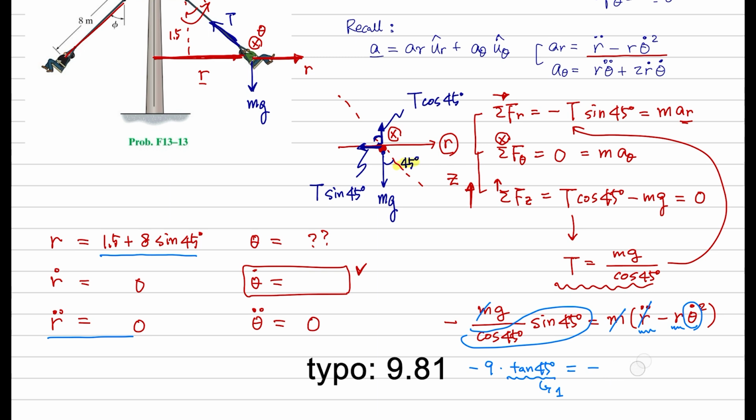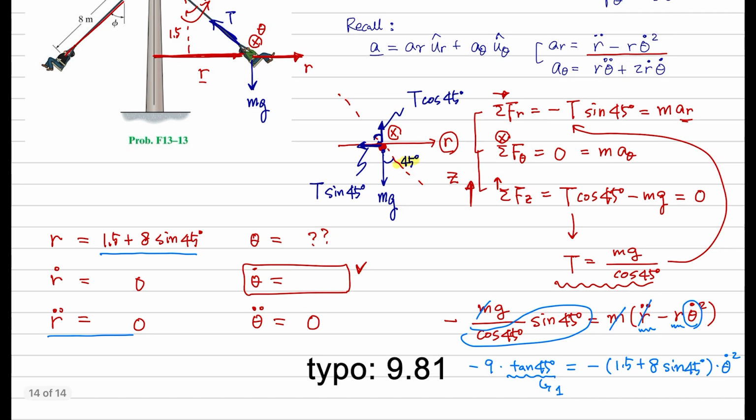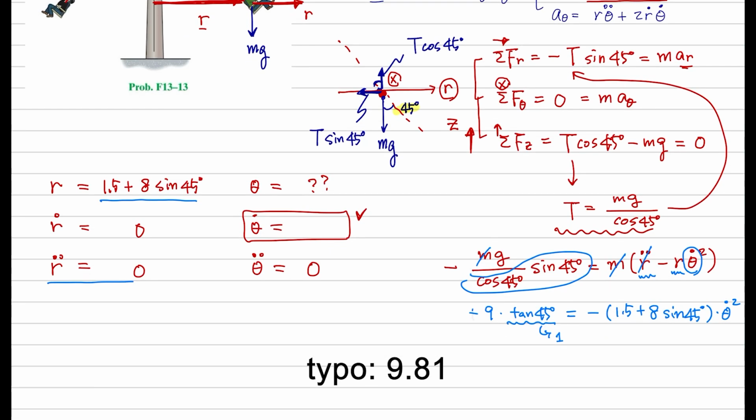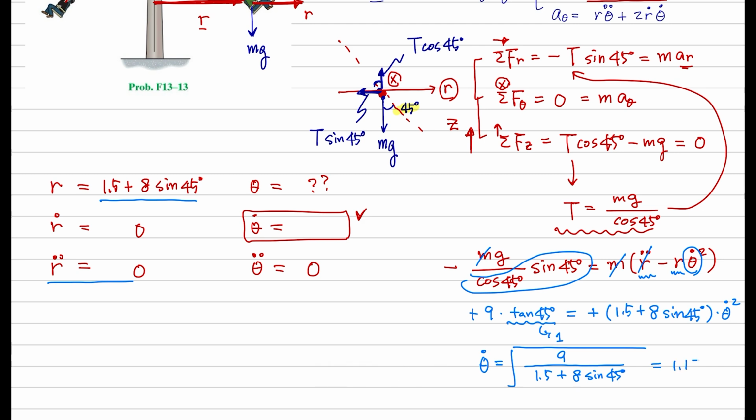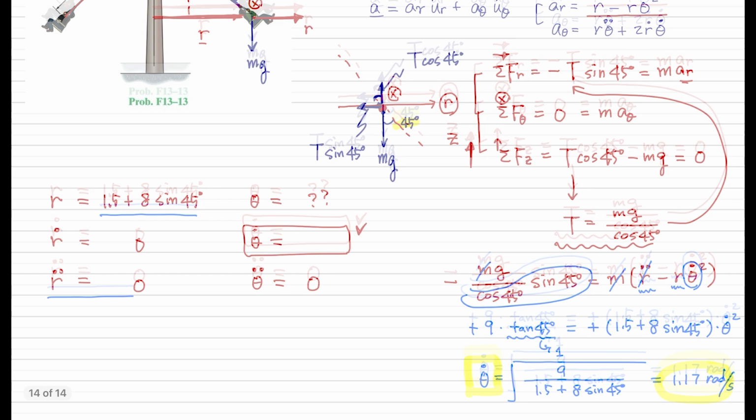Here we can plug in that r directly, which is 1.5 plus 8 sine 45 degrees times theta dot squared. So if we do the math, these two go away. Theta dot is going to be the square root of 9.81 over 1.5 plus 8 sine 45 degrees. And that should give us something like 0.17 radians per second. All right, so we just got the solution for theta dot.